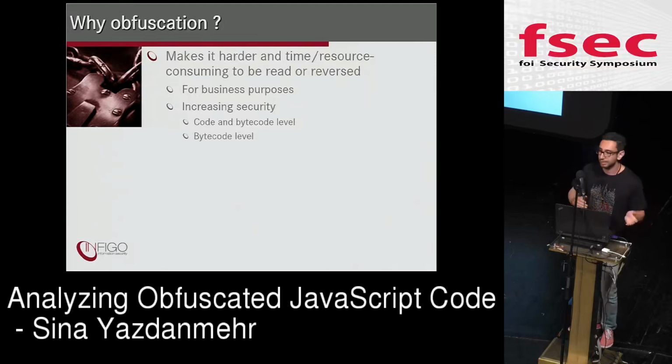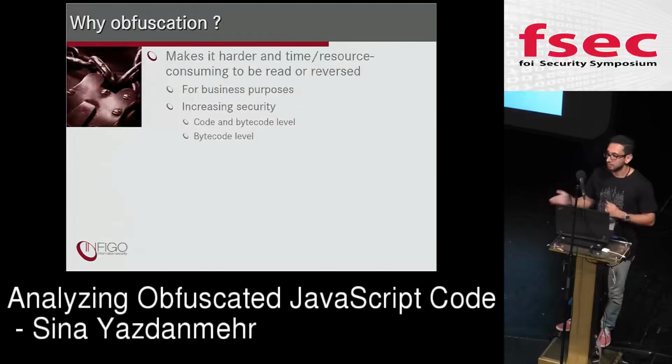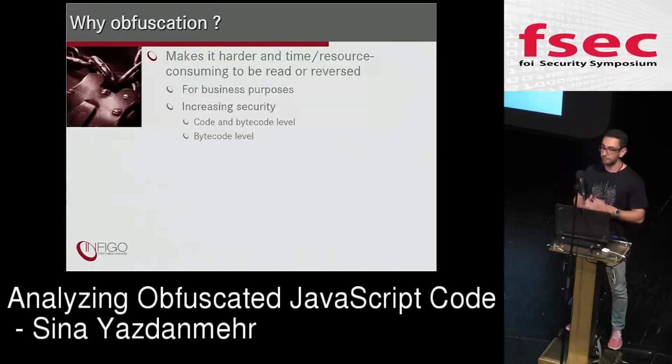On the other hand, for languages like Java, C++, or C, it can be implemented on the clear source code as well as on bytecode. For example, in Android applications, we have DexGuard, which makes Dex bytecode obfuscated.